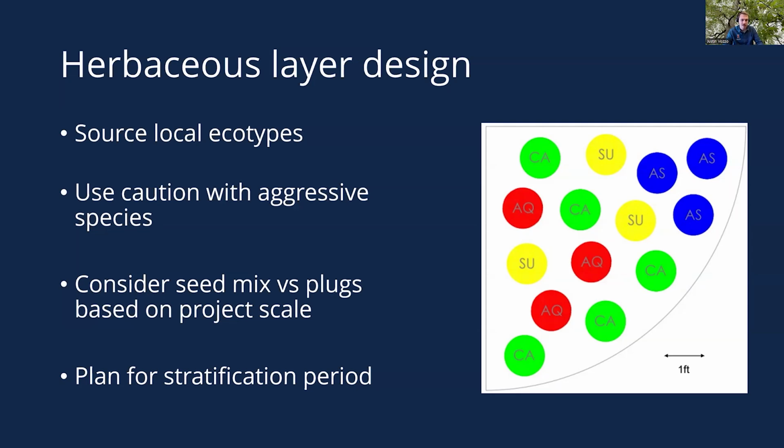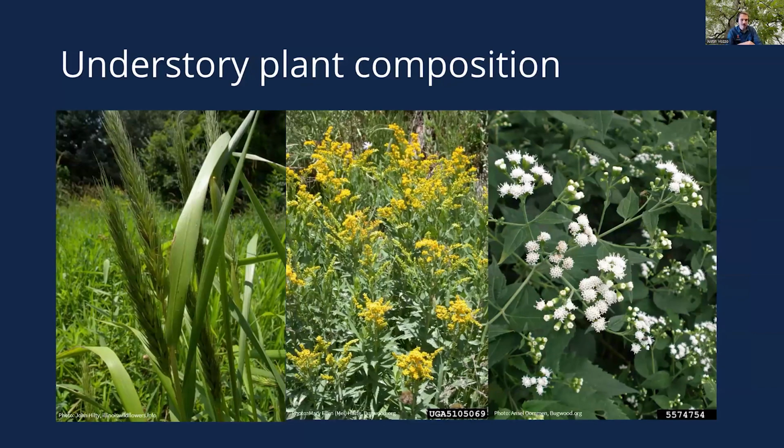And also be very careful, I'd say, in both your seed mixes and in your designs when incorporating more aggressive species. We're running a little short on time, so I'm not going to ask you what these are, but I'm sure a lot of you recognize them. These are common native plant species, Virginia wild rye, goldenrod, and white snakeroot, that are pretty aggressive and are incorporated into a lot of our restorations.